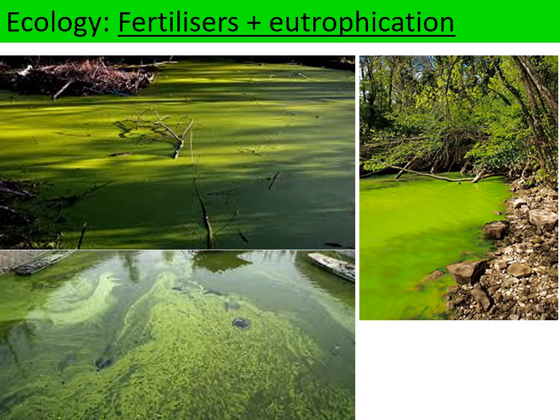So excess nitrate ions in farm soil can be washed away into local waterways, and that can result in something called eutrophication. If you ever see a lake, pond, or stream with this kind of algal bloom, this green color on the surface, the health of that water is actually quite poor, because these are algae that grow on the surface of the water. We're going to see why in the next slide.